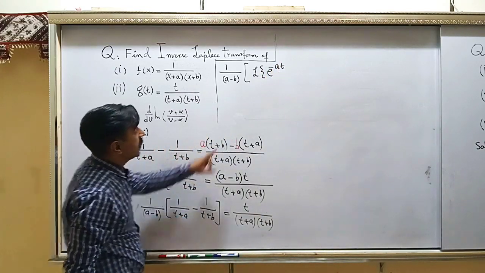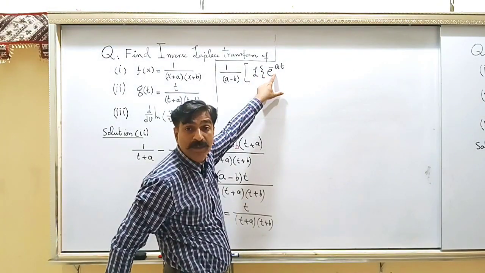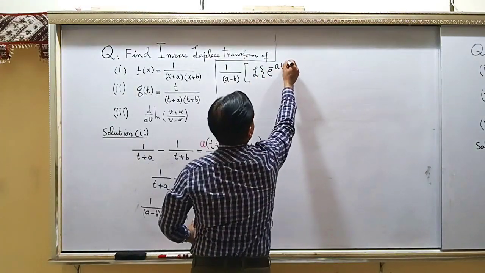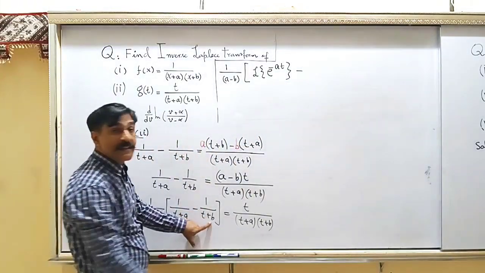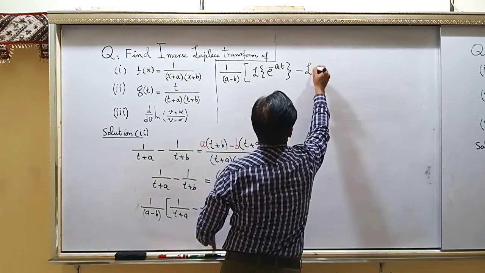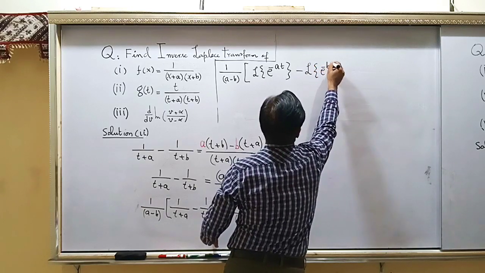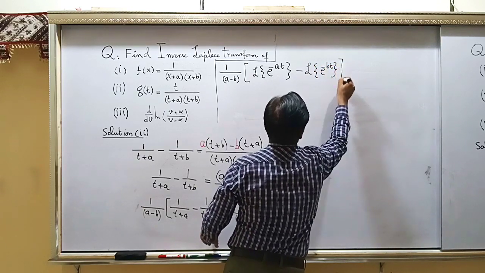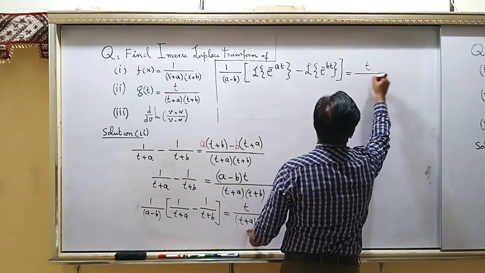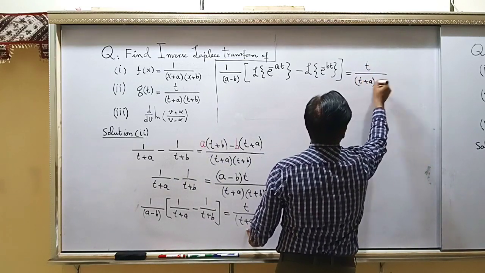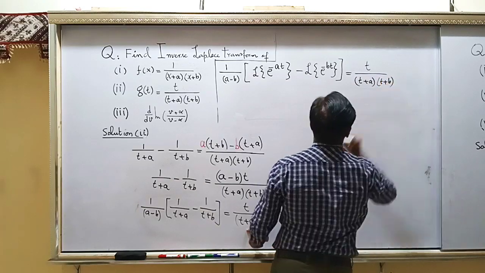If this is plus, then the exponential will contain the opposite sign, meaning minus. And minus this 1 over t plus b. This is the Laplace transform of the exponential e to the power minus bt. And on the right hand side, there is no change. T plus a and t plus b.